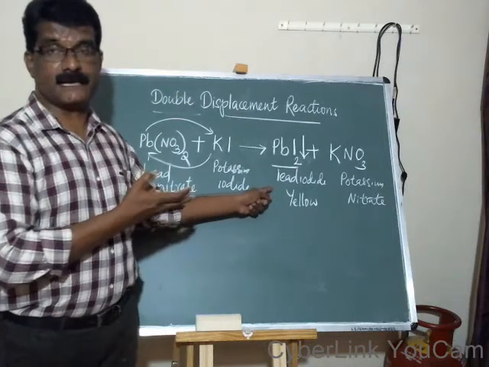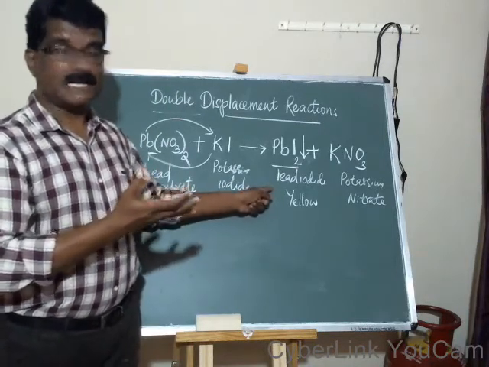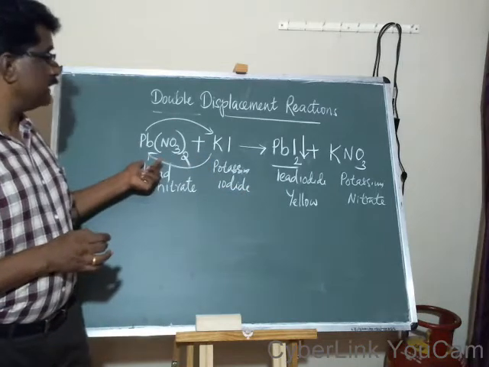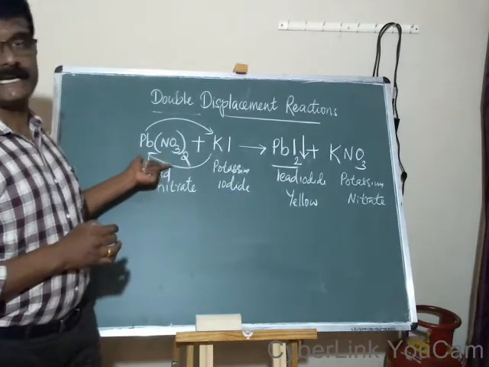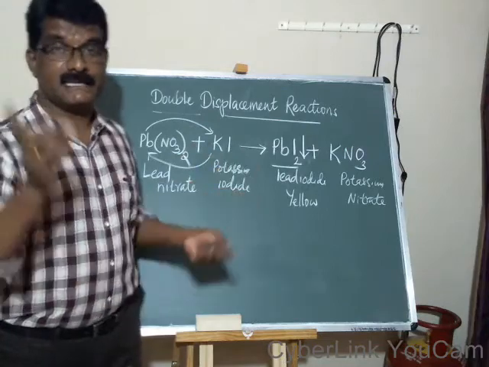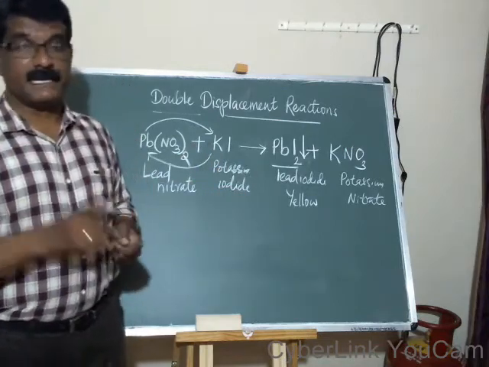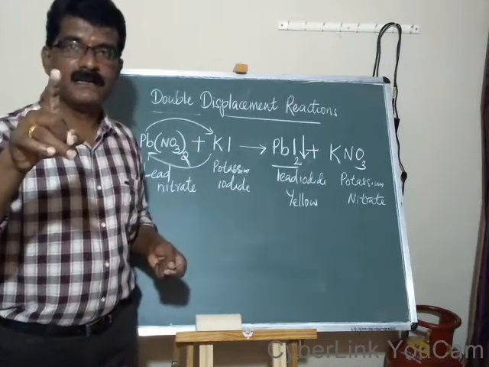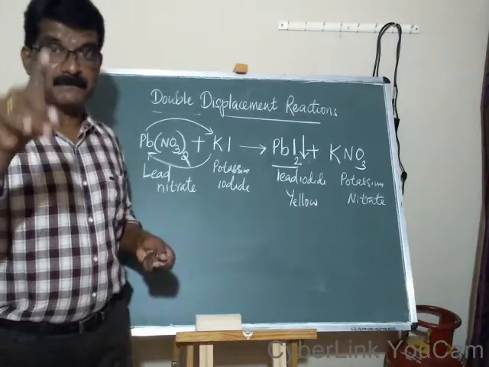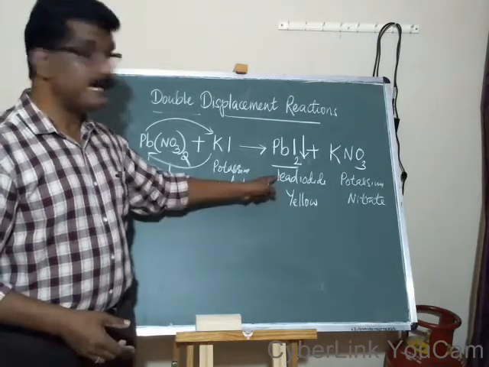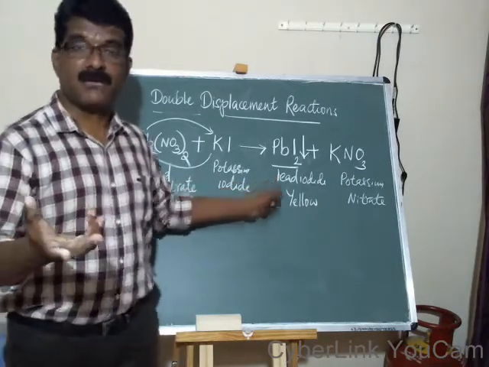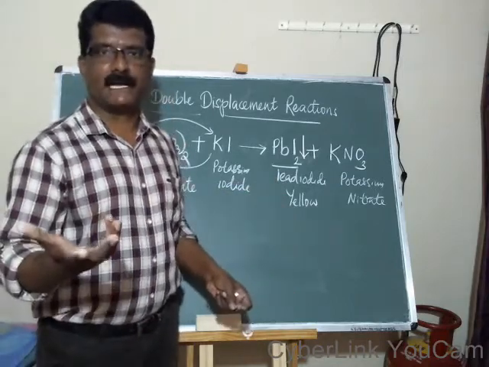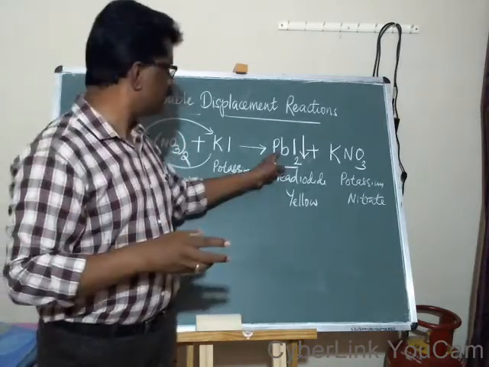This question is there. What type of reaction is the reaction between lead nitrate and potassium iodide? It is a double displacement reaction. It is also an example for precipitation reaction. Why? Because lead iodide is formed as a precipitate. What is the color of lead iodide? The color of lead iodide is yellow.